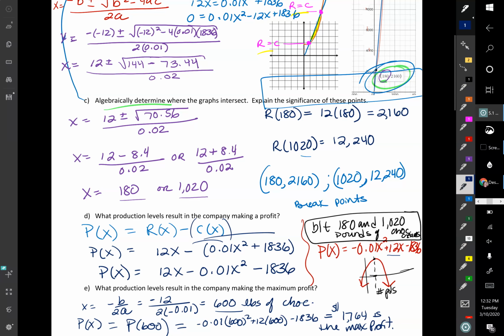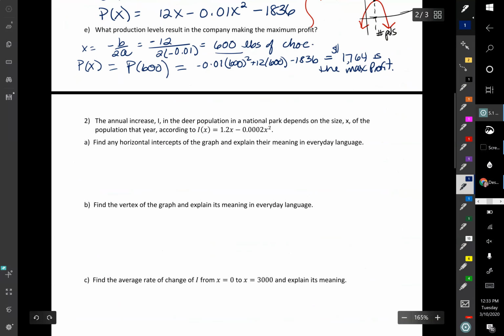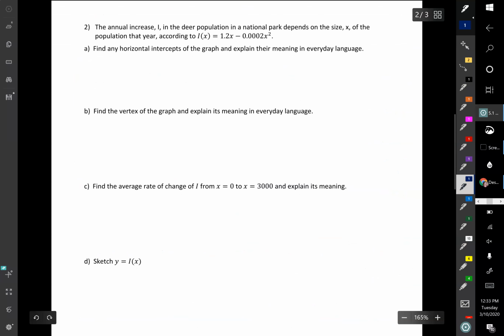So just try your best with these, it's really preparing you. There might be a couple problems for you to try. So the next problem is one that maybe you could try on your own. It's a little similar. The annual increase I in the deer population in a national park depends on the size x of the population that year, according to I of x equals 1.2x minus 0.0002x squared. So it's a similar setup.